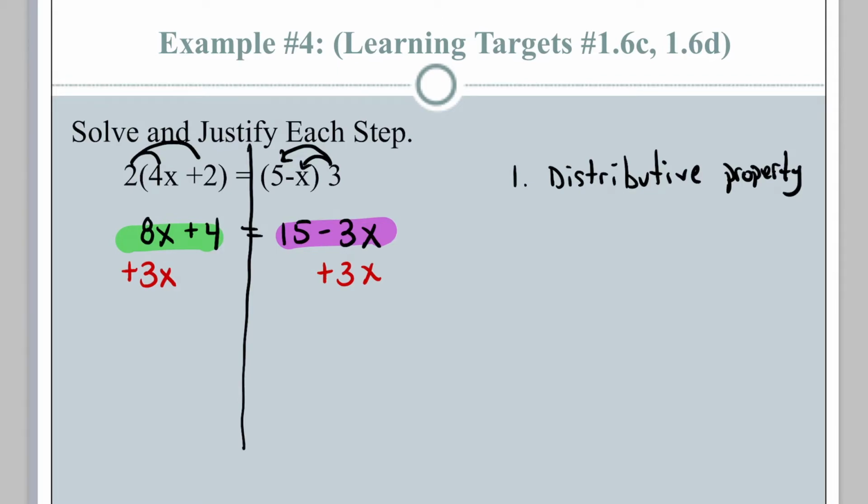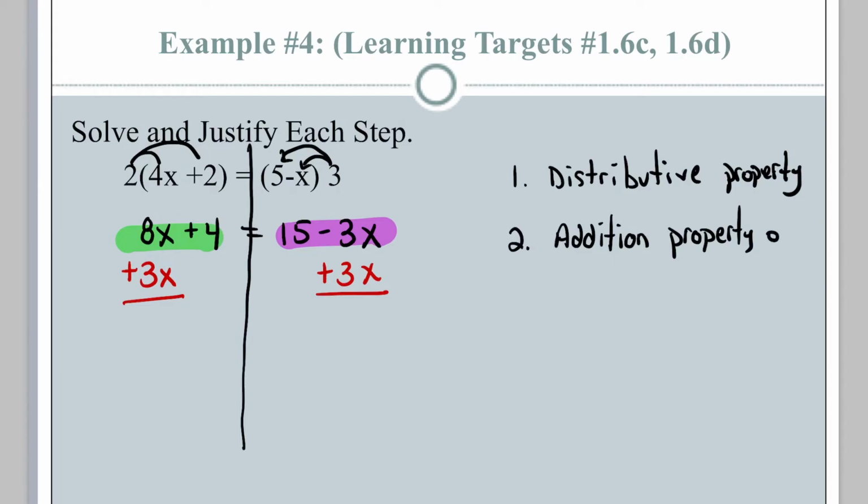Notice that I wrote it directly underneath the minus 3x, or negative 3x, and I wrote it also on the left side directly under the positive 8x. I'm keeping my like terms grouped together. When I do that, I'm using, as step 2, the addition property.